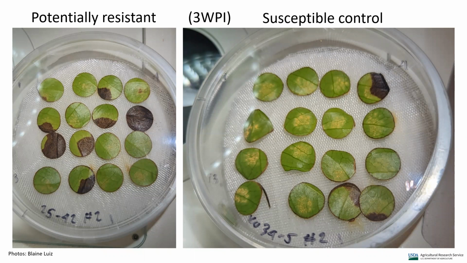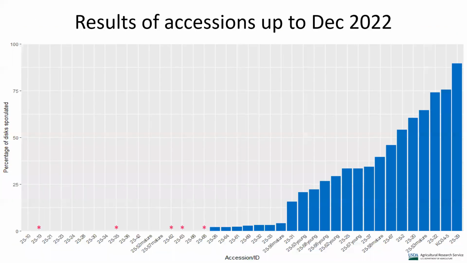And so this is to show you just kind of the zoom in of susceptible control. So we always have something that will produce these spots and spores at a certain period of time, in this case, 3 weeks after inoculation. And we compare that then to these different varieties that we're testing. Okay, so this is a great team effort.